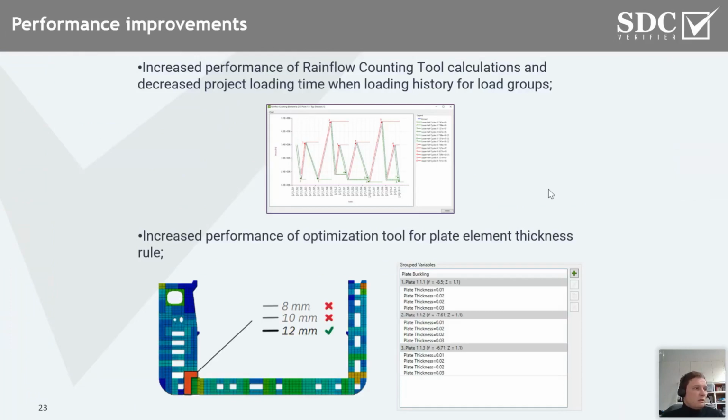So please head to the optimization section of SDC Verifier after jobs and tools, or in the ribbon on top, and try optimizing your designs with our optimization. It's available for 1D elements, it's available for plate stresses, plate thicknesses, weld types, and other variables, and once again, it's based on code checking results.